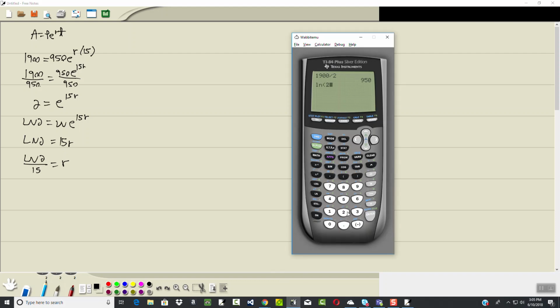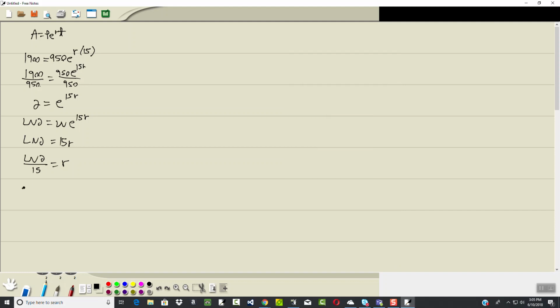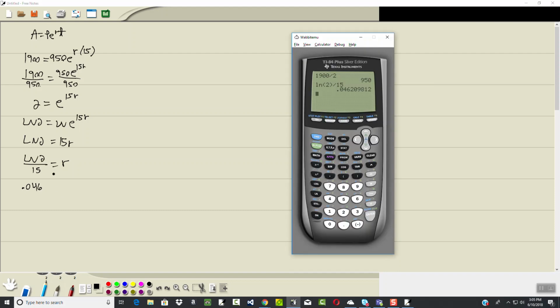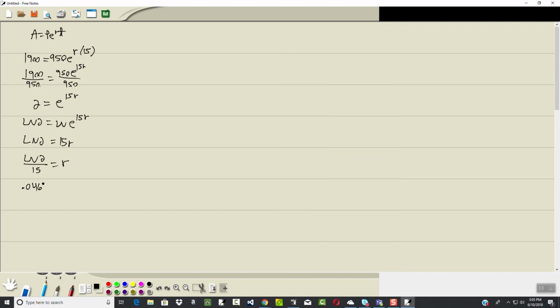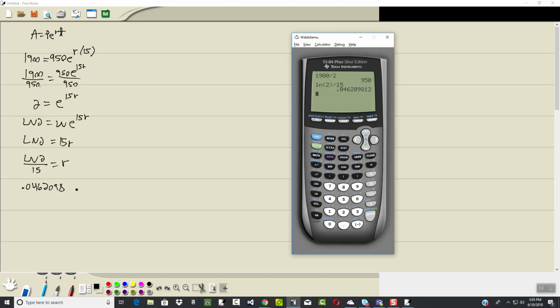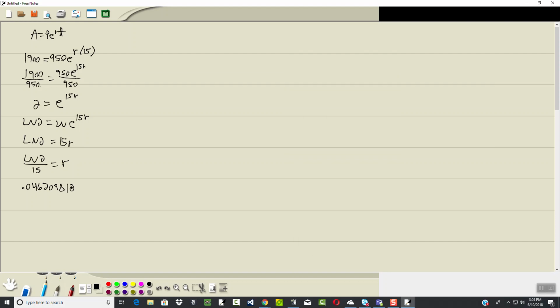So natural log of 2 divided by 15, 0.04620981 2 equals r.